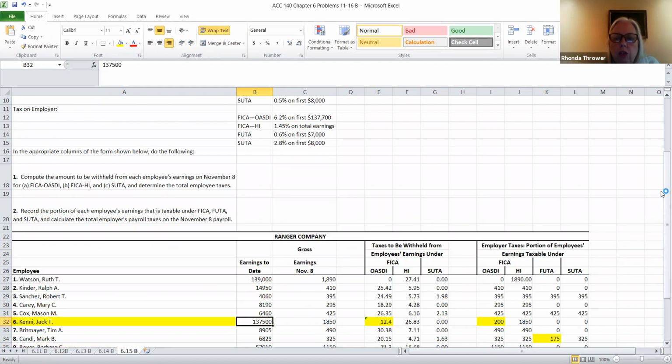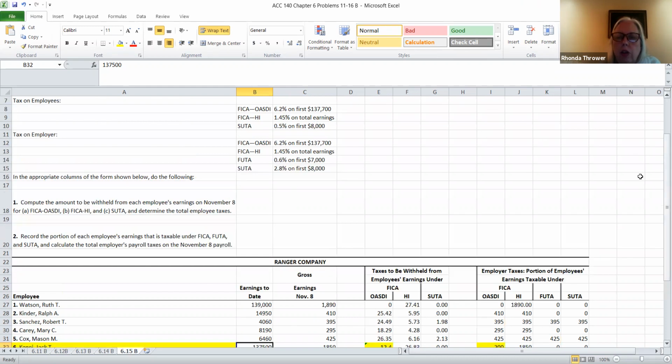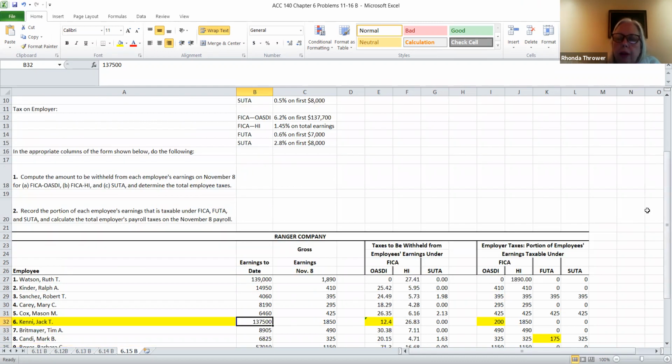So in order to find the taxes owed by the employee, you're going to have to take $137,500 from the base of $137,700, and then multiply it by 6.2%.